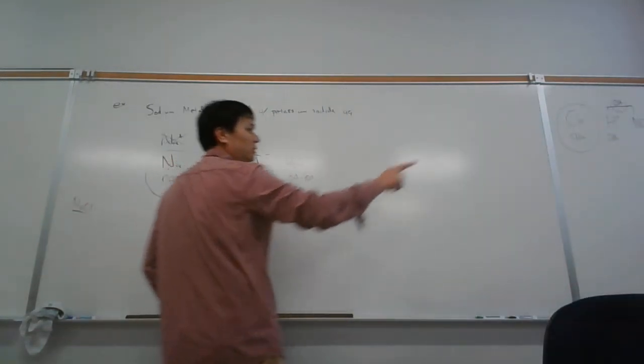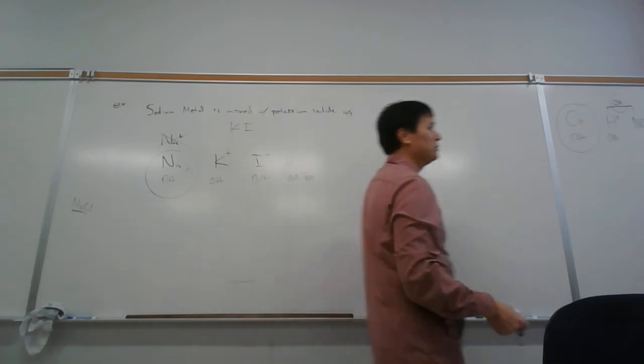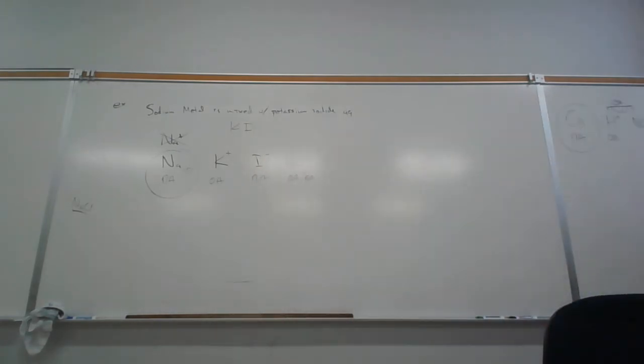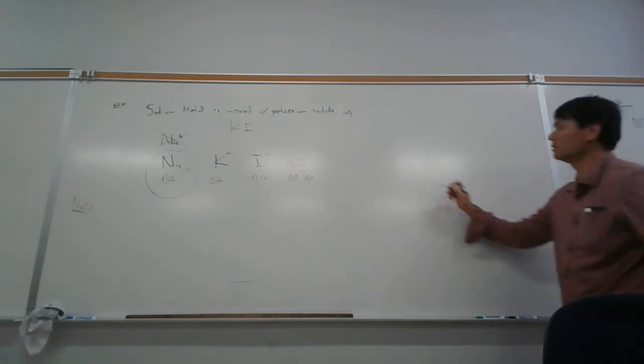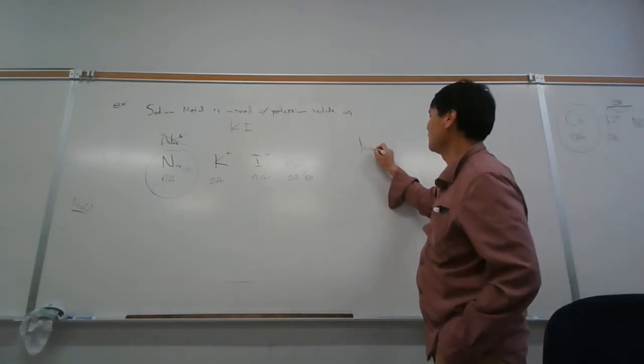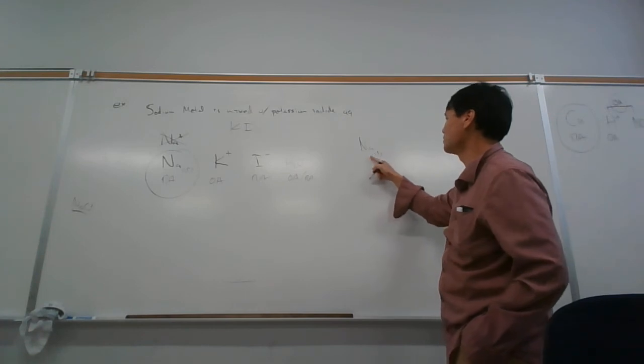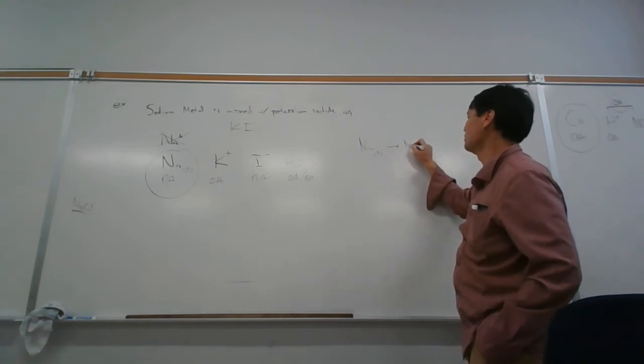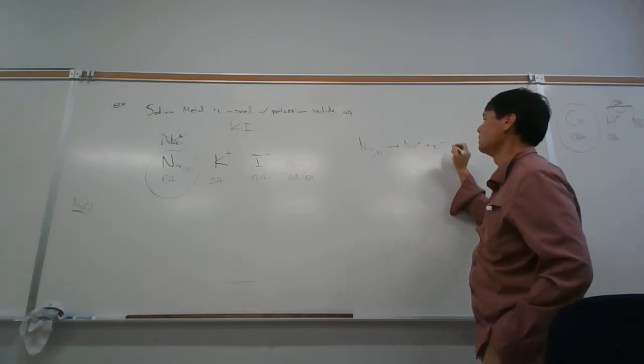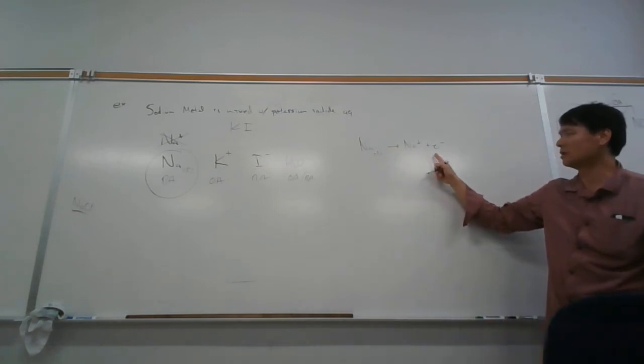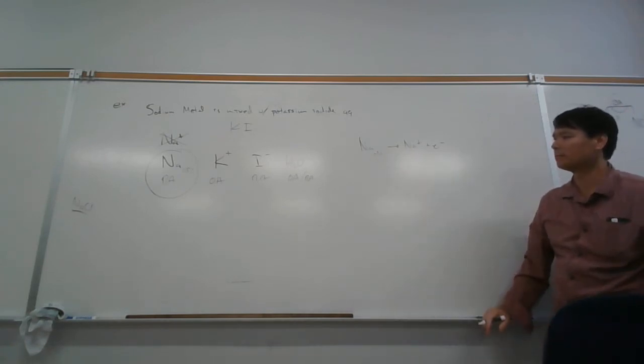And so what does sodium do? Well, sodium's a reactant. This sodium's a product, so we have to flip this equation over to make sodium a reactant. And so I can't copy that equation as is. I take sodium solid, and that's going to go to sodium ion plus an electron. So what sodium can do is it can lose an electron to form sodium ion.